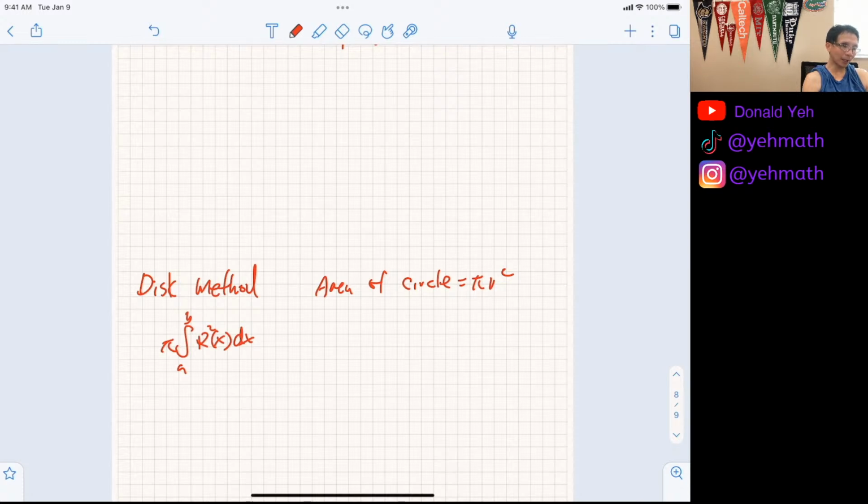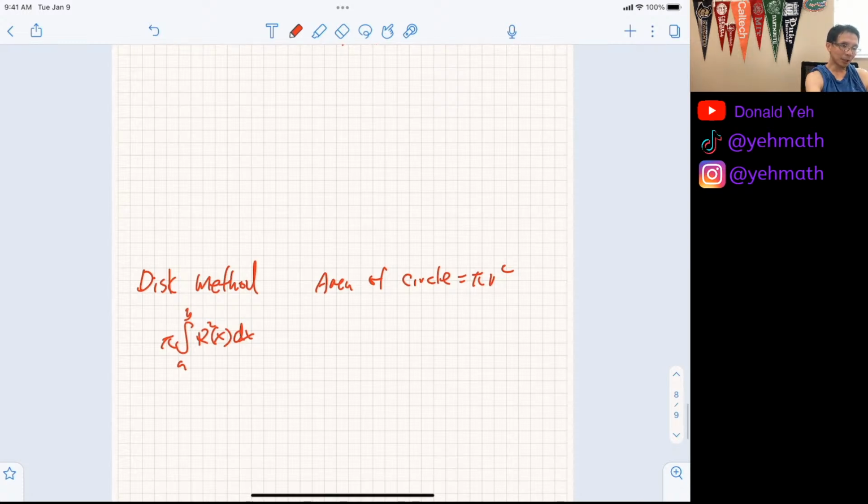Don't forget the pi. It's just pi r squared. So this is the disk method.